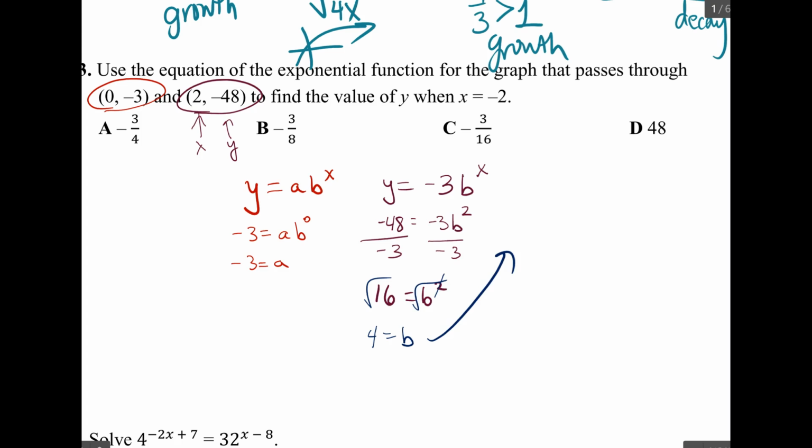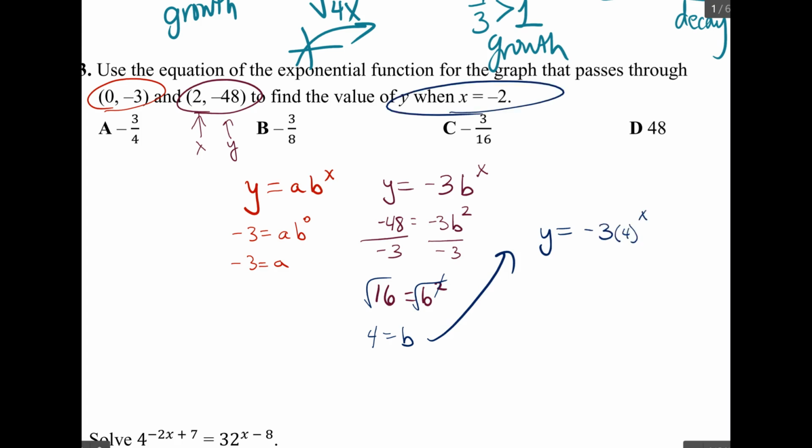Okay, so this is like an in-depth problem. This is a good problem. On your test, I would probably give you a hint, use y equals a b to the x. So I'm going to write out the equation y equals -3 times 4 to the x.